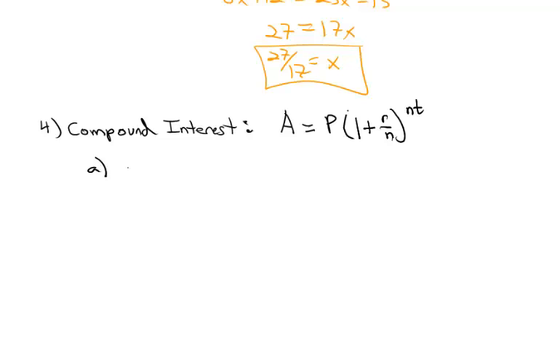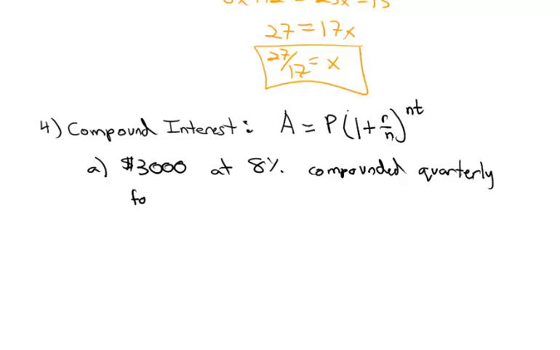So if I were to invest $3,000 at 8% compounded quarterly for 5 years, that means interest is paid into my account every quarter, 1/4 of the 8%, for 5 years.